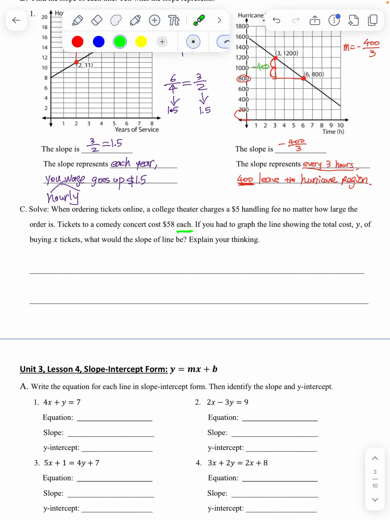Whenever you see the word each, that means there's going to be a multiplication. So 58 multiplied by something. If you had to graph the line showing the total cost y of buying x tickets, what would be the slope of the line? The slope of the line is going to be 58.